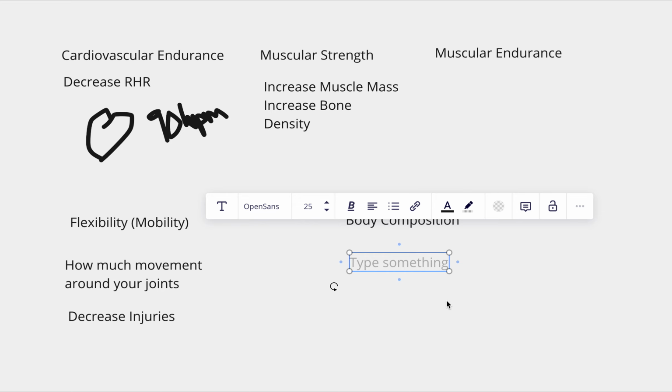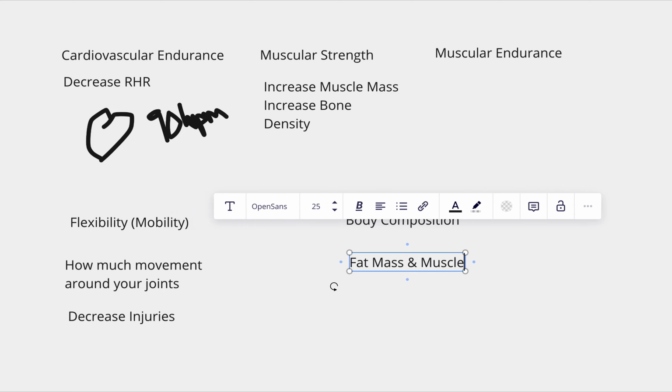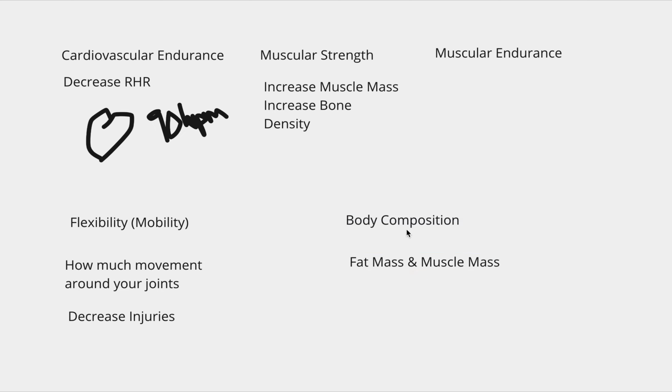Bone mass we can't really change, but we can change our fat mass and our muscle mass. That stuff is changeable. All right, so the fat mass and muscle mass is adjustable based on what you guys do with your nutrition and your cardio, your muscular strength, your flexibility, etc.